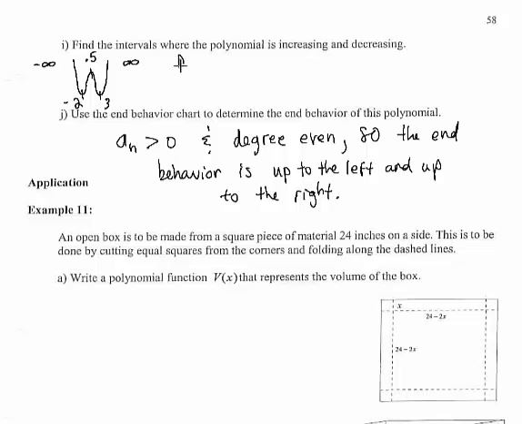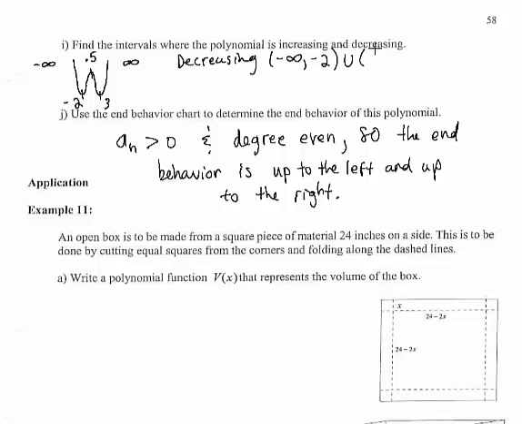So for decreasing, which is the interval that we first have on the left, it is decreasing from -infinity up until the first minimum, which is at -2, and we'll put parentheses on both limits.